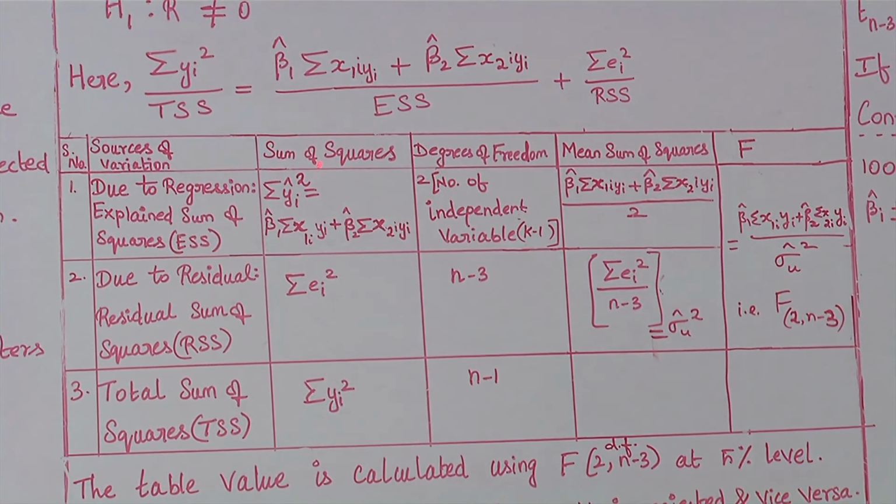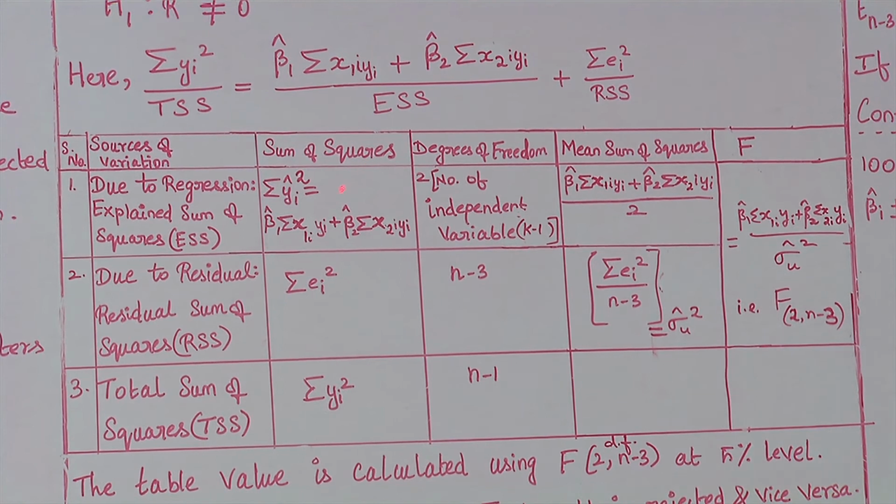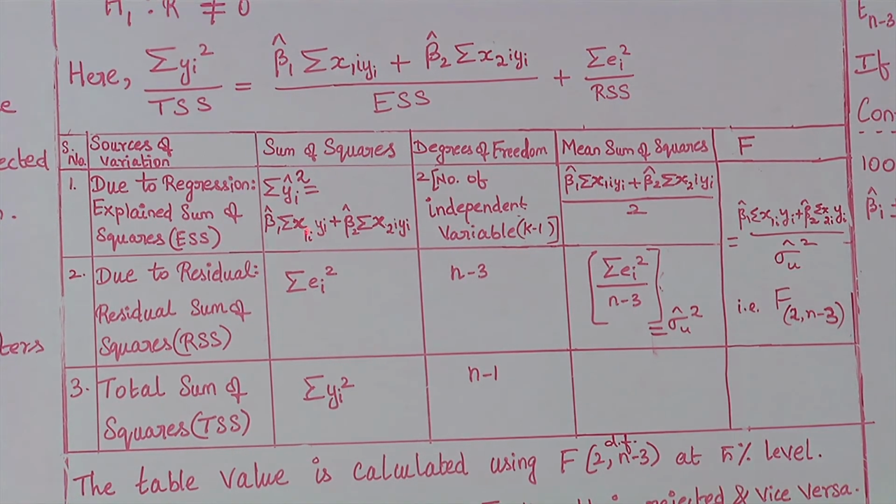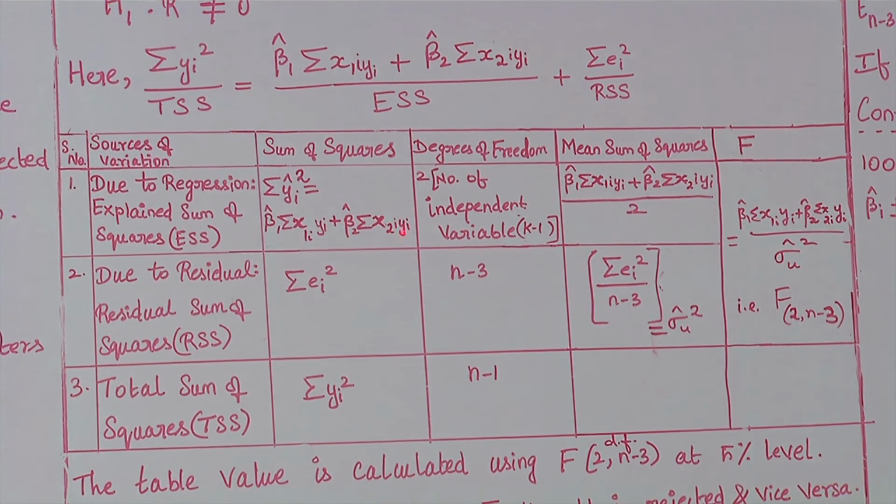So, let us come to the first column here, sum of squares. Sum of squares is sigma yi hat square, and the formula as we know is beta 1 hat sigma small x1i small yi plus beta 2 hat sigma small x2i small yi. This is the sum of squares due to regression, so ESS. The next is the sum of squares for residuals, sigma small ei square, and the total of these two is sigma small yi square.